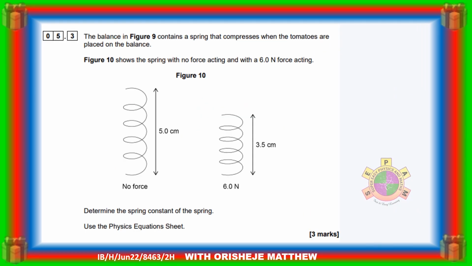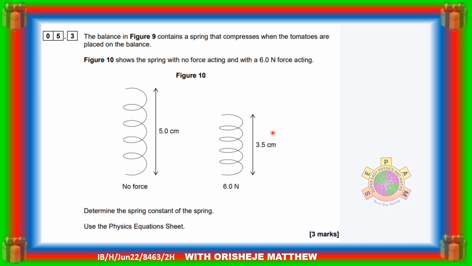Question 5.3. The balance in figure 9 contains a spring that compresses when the tomatoes are placed on the balance. Figure 10 shows the spring with no force acting and with a 6 Newton force acting. When there is no force, the natural length of the spring is 5 cm, while the compressed length when the force of 6 Newton was applied is 3.5 cm.